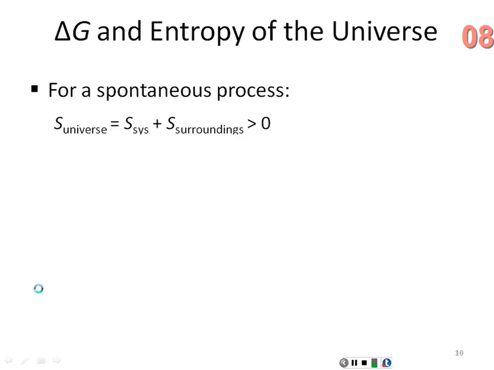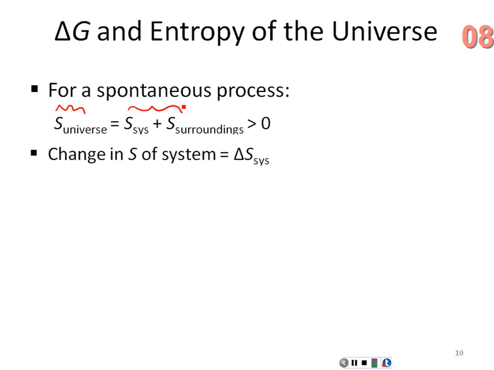Let's look at delta G and how it is actually derived. So we know from the second law, for a spontaneous process, the entropy of the universe has to be greater than 0. And the entropy of the universe you can write as the sum, entropy of the system plus entropy of the surroundings. Now if we look at the change of entropy of a system, we can write that as delta S system.